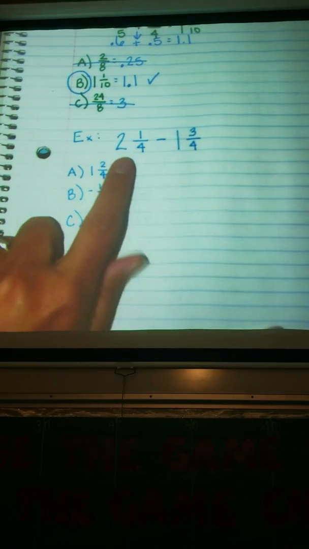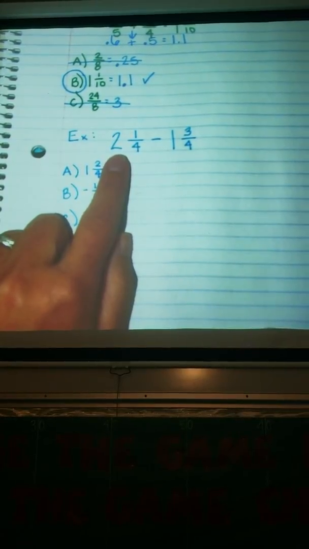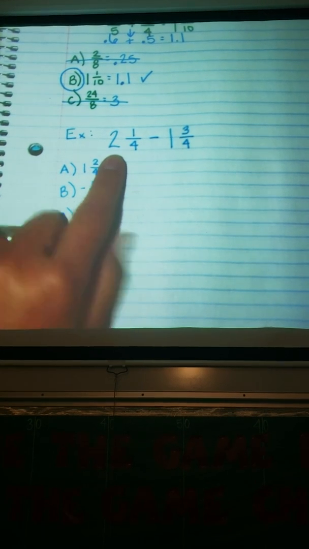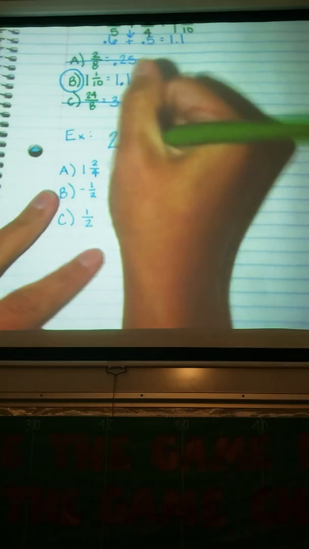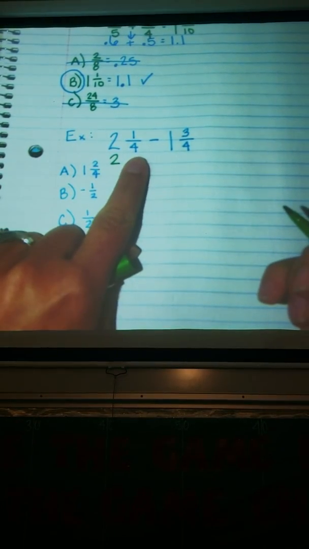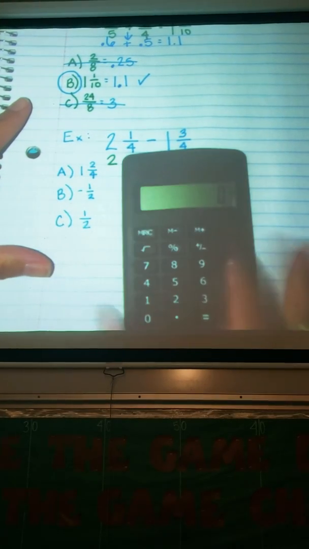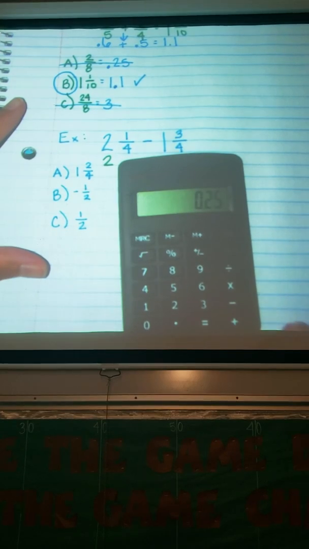So I'm going to turn 2 and 1/4 into a decimal. I leave the 2 alone. Leave your whole number alone. So I'm just going to rewrite my 2 below it. 2, and then I have a little bit of extra. Not a whole number, but part of something else. So I'm going to divide 1 divided by 4 equals 0.25.